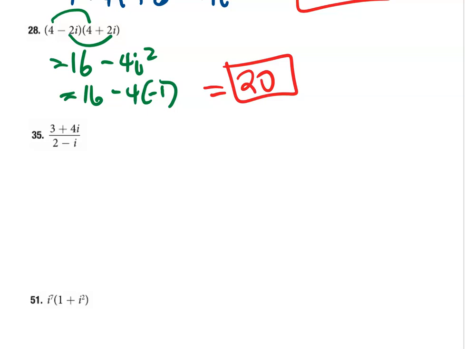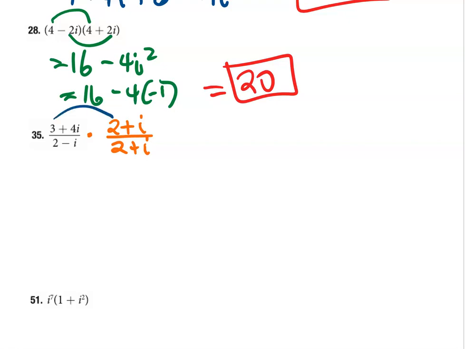Then 35: 3 plus 4i over 2 minus i. Remember, you have to multiply this by the conjugate of your denominator. So 2 minus i, multiply this by 2 plus i over 2 plus i.